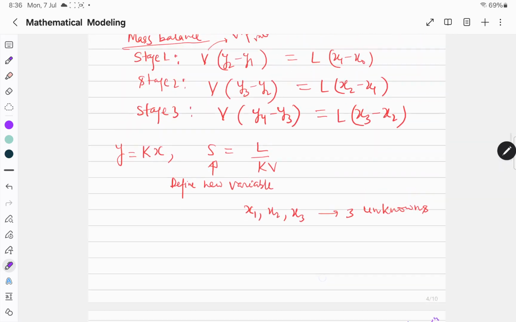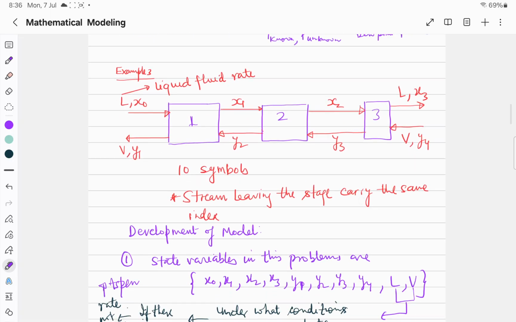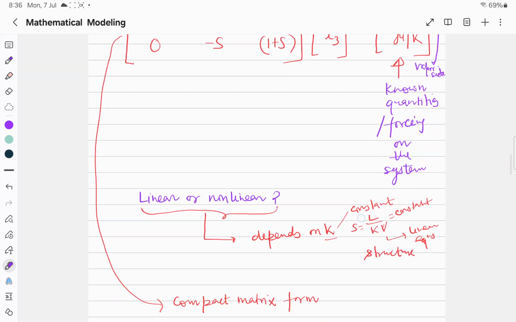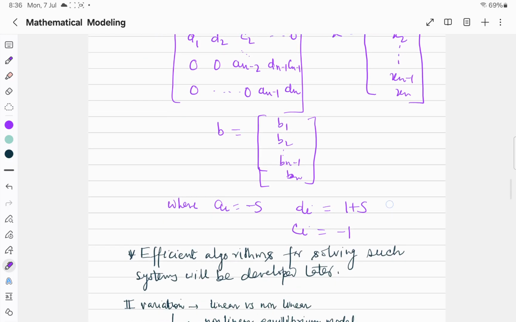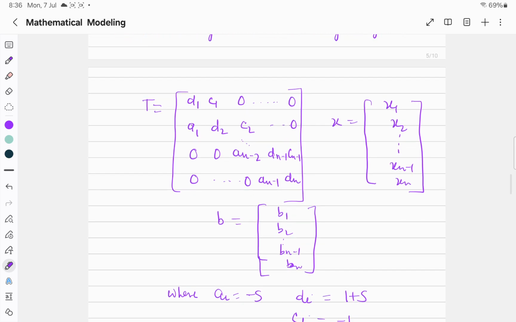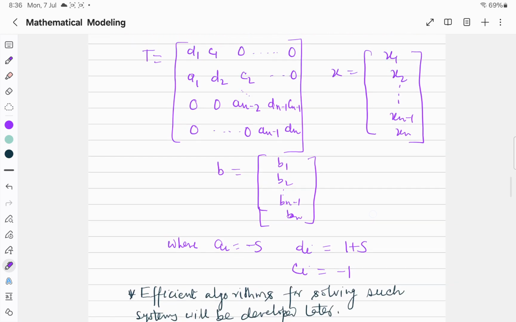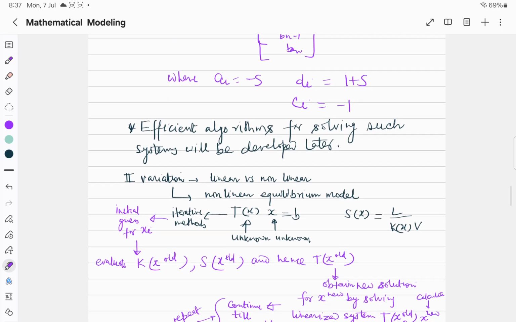Similarly, in industry you will find many stages, hundreds, or 50, 60, 70 stages. For that purpose T could be this, x could be this, and b could be this. So we have to develop an efficient algorithm for solving this matrix, which is also tri-diagonal. We will develop an efficient algorithm for solving such systems later.